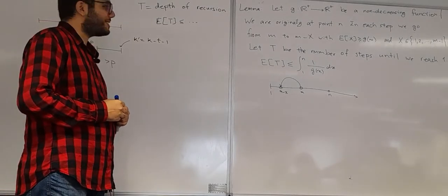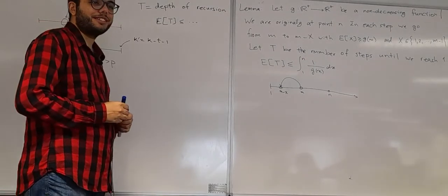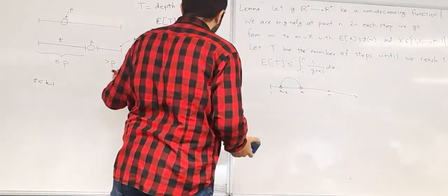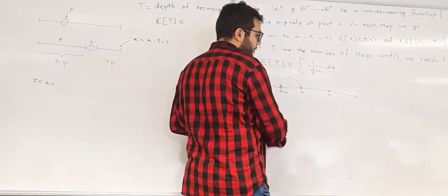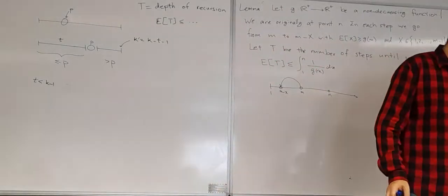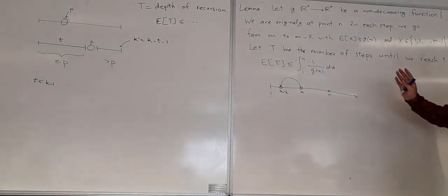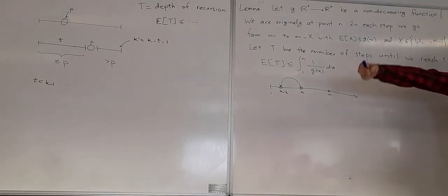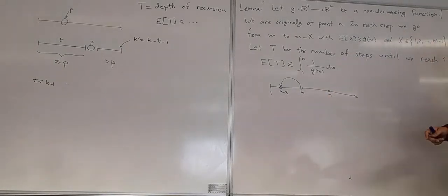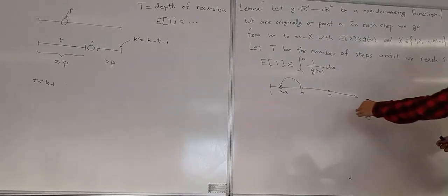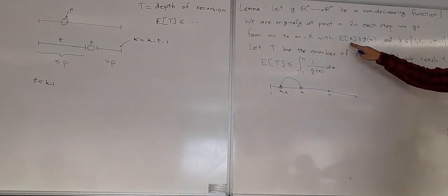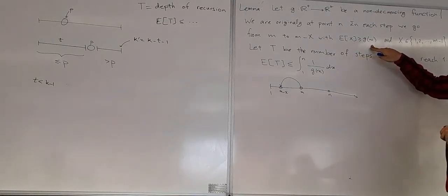As you see, suddenly we went to a continuous world. And I'll prove it for you, and then I show how we can use it here. But before proving it, I just want you to understand the intuition here. Whenever I'm at some position, I'm going to the left according to where I stand. So I'm decreasing my position by x units, and the expected amount of the decrease is g of m, right?